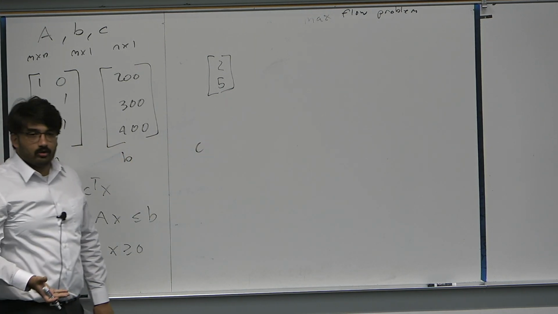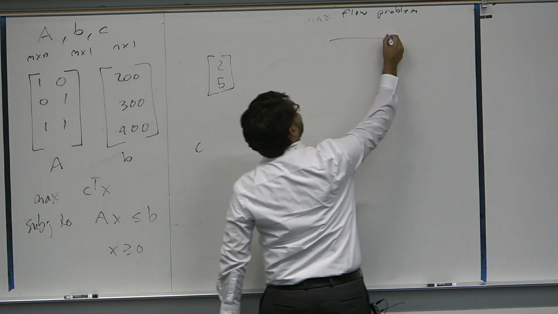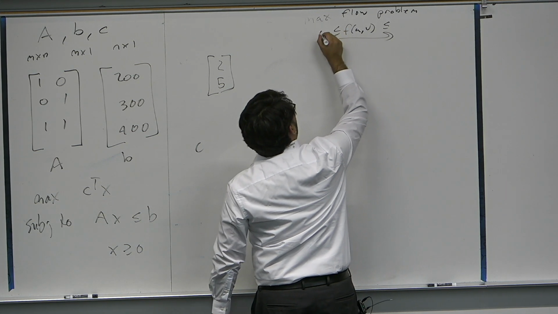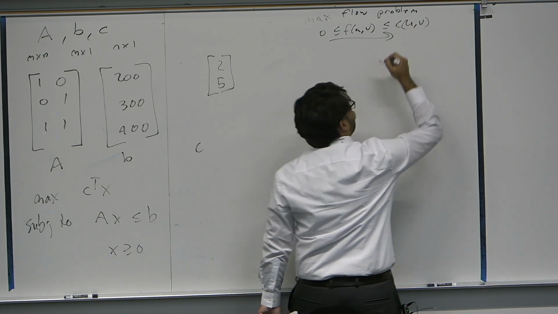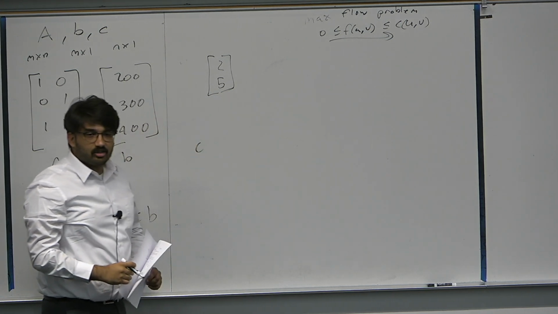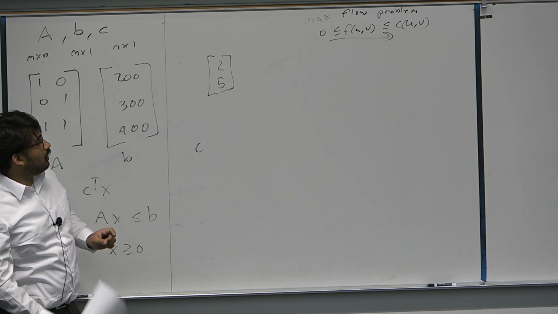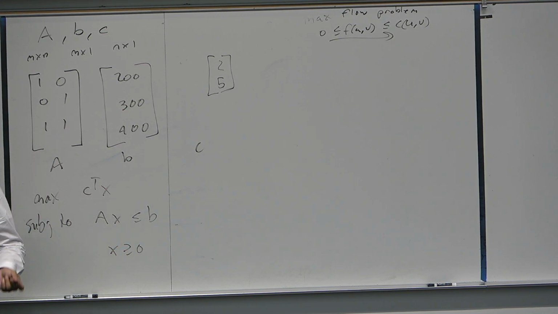What is the max flow, right? You have a flow network. There's a set of edges that have a flow that can be assigned to those edges, and it must be between 0 and the hard-coded capacity of that edge, right? So we can, in fact, create a set of constraints and an objective function that has a solution which is exactly the maximum flow of any flow network, right?